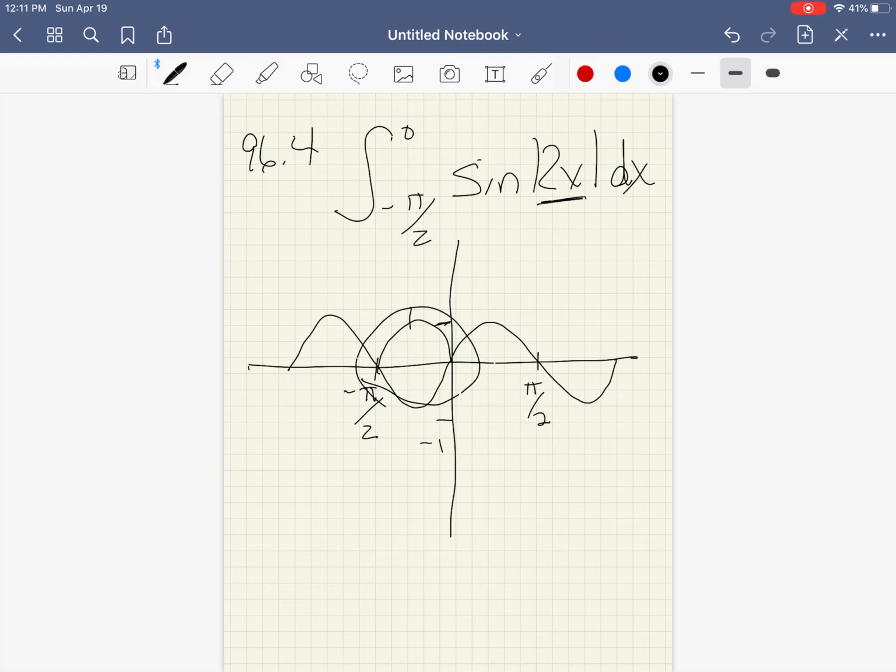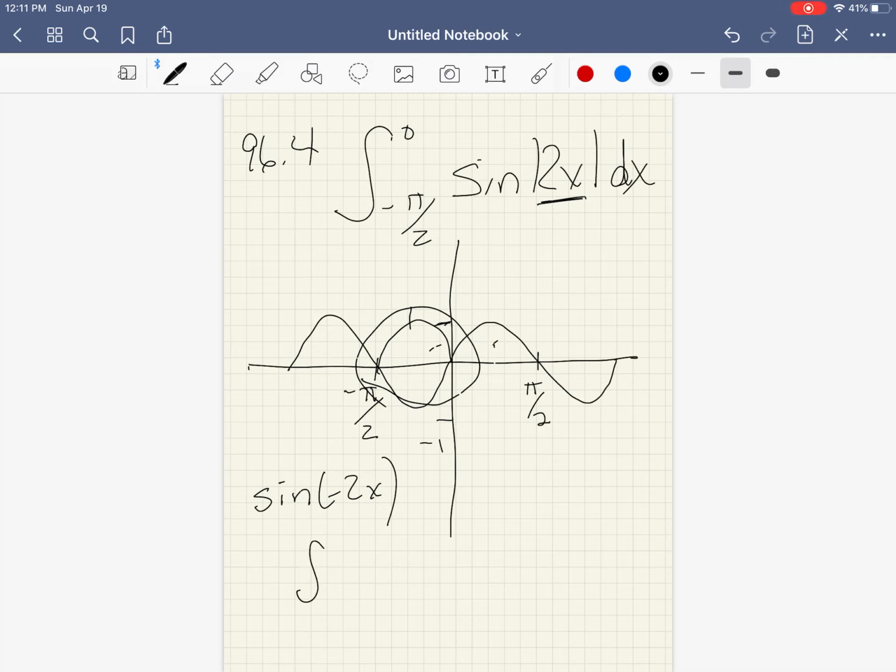Let's see. So we know that the sine of 2x is equal to sine of -2x, right? These are the same.